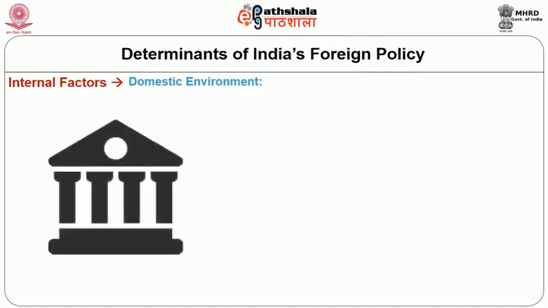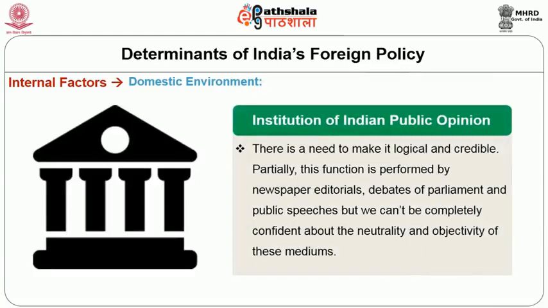The function is performed in India by institutions of Indian public opinion, but in a very limited manner. There is a need to make it logical and credible. Partially, this function is performed by newspapers, editorials, debates of parliament, and public speeches. But we can't be completely confident about the neutrality and objectivity of these mediums.